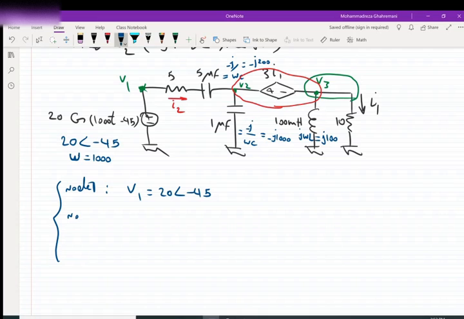So nodes 2 and 3, which form a supernode, will have these equations.